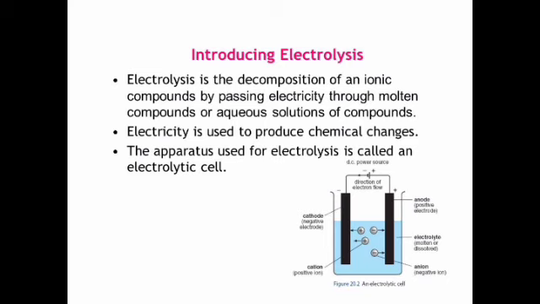The smallest amount of electricity you need to liberate only 1 mole of a singly charged ion is 96,500 coulombs. That's the amount of electricity you need. Now, this quantity of electricity is called the Faraday. Since it's by Faraday, we give him that respect. That's 96,500 coulombs, called 1 Faraday, and it's denoted by the letter F.